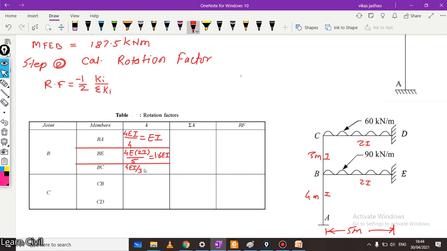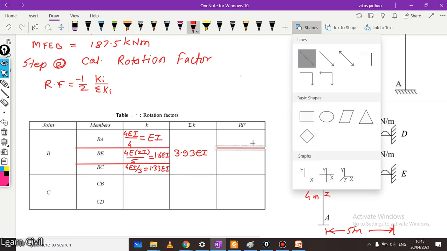I will directly take it as 4 by 3, that is equal to 1.33 EI. Summation of stiffness at joint B will be equal to EI plus 1.6 EI plus 1.33 EI. So this will be equal to 3.93 EI.